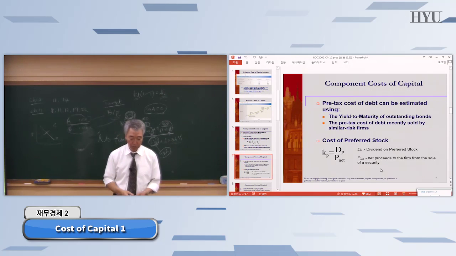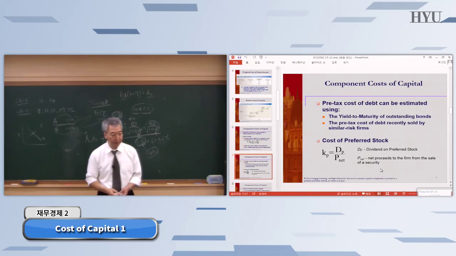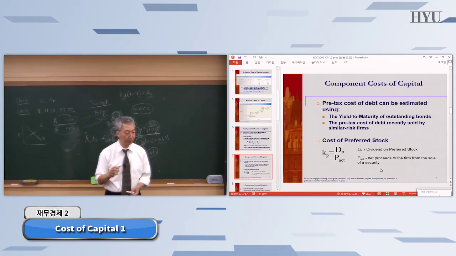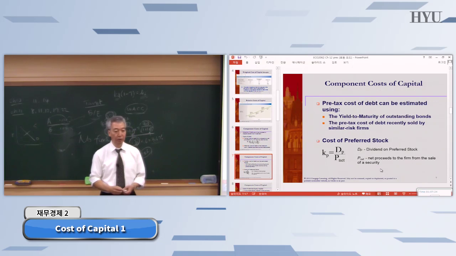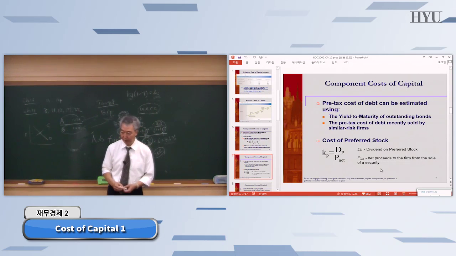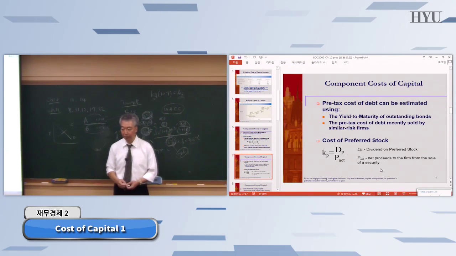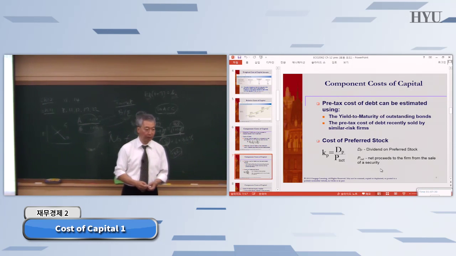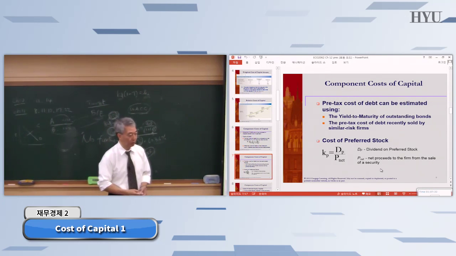Well, you can use the yield to maturity of outstanding bonds, right? If your company currently has outstanding bonds, then the market already knows about your company, right? What kind of risk your company involves, what kind of return your company generates.